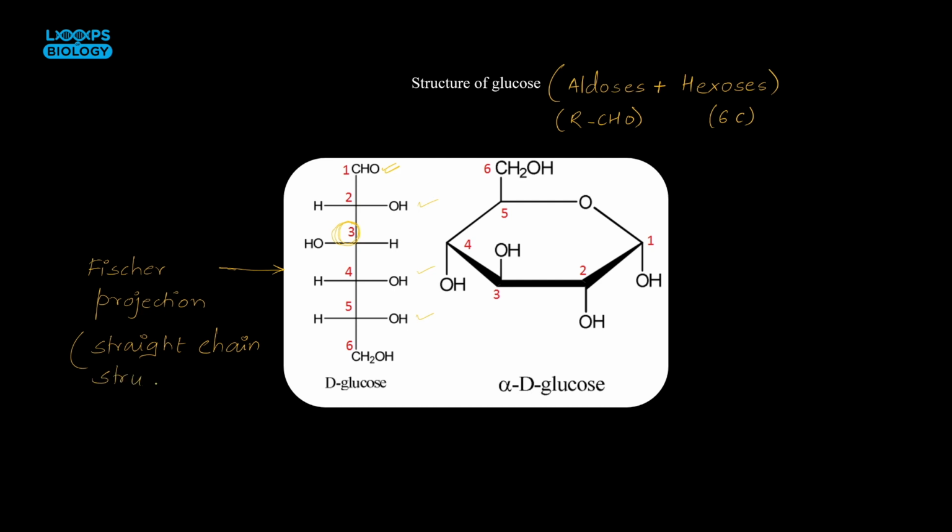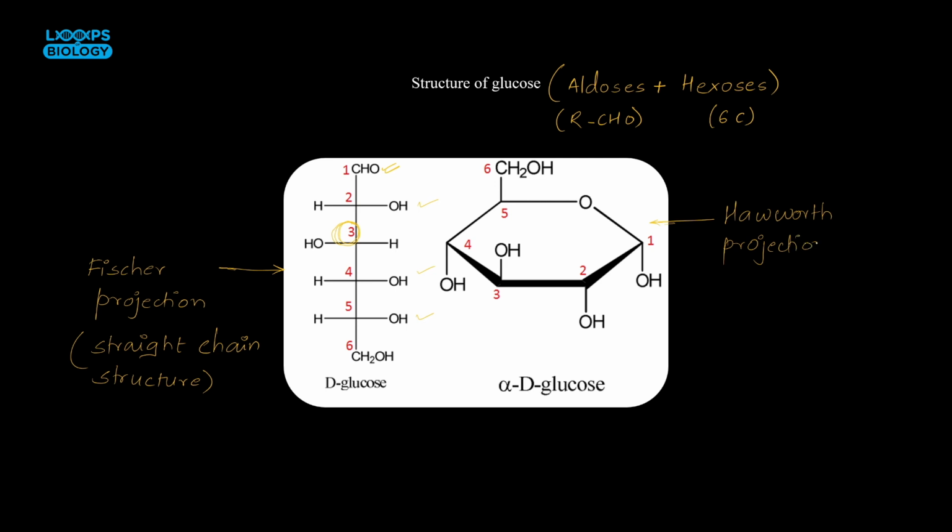Chain structure of glucose. But whenever I am keeping the structure in straight chain, that is not going to be a stable structure as such. So whenever I put that into a cyclic form, that particular structure is called the Haworth projection structure.